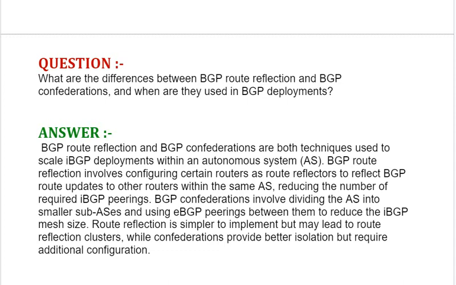BGP confederations involve dividing the AS into smaller sub-ASs and using eBGP peerings between them to reduce the IBGP mesh size. Route reflection is simpler to implement but may lead to route reflection clusters, while confederations provide better isolation but require additional configuration.